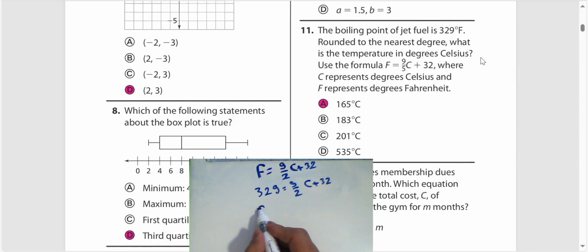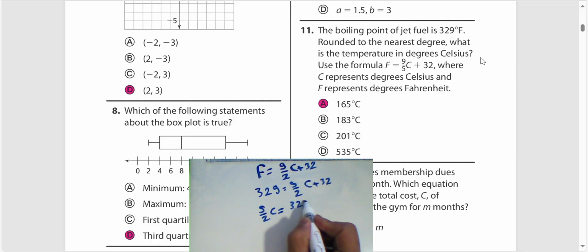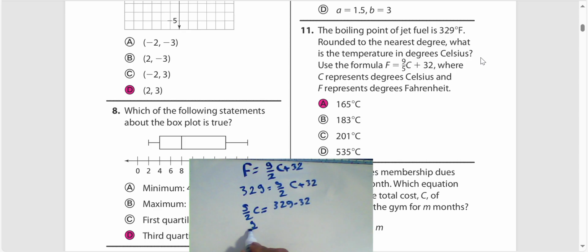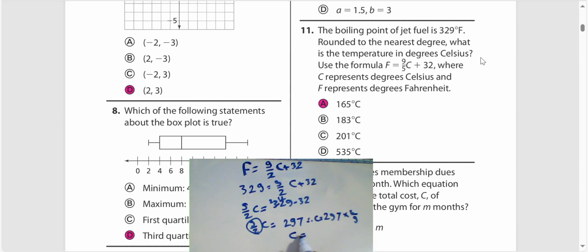Okay, then 9 over 5 C equals 329 minus 32. 9 minus 2 is 7, and borrow 1, 12 minus 3 equals 9, and then write 2. We can cancel 9 over 5, then C equals 297 times the reciprocal of 9 over 5. 29 divided by 9 equals 3, 3 times 9 is 27, remainder 2, 27 divided by 9 equals 3, and then times the result.